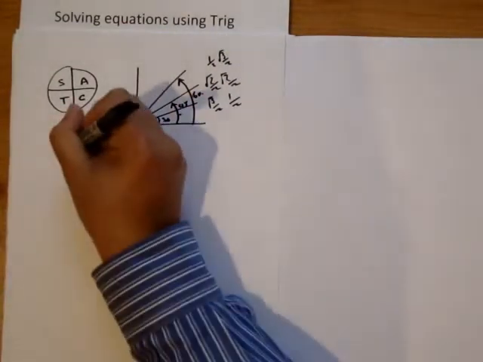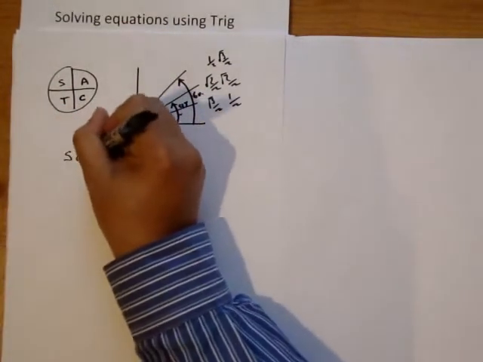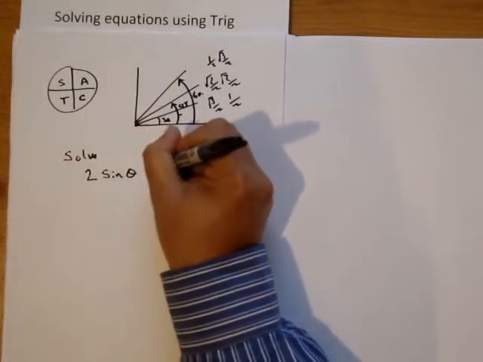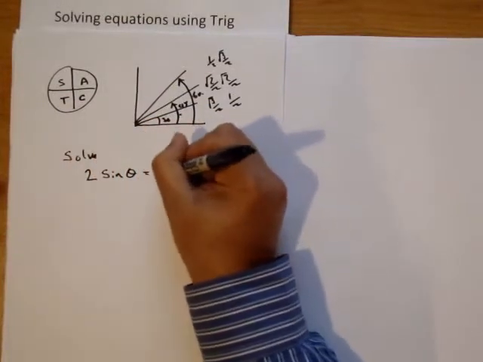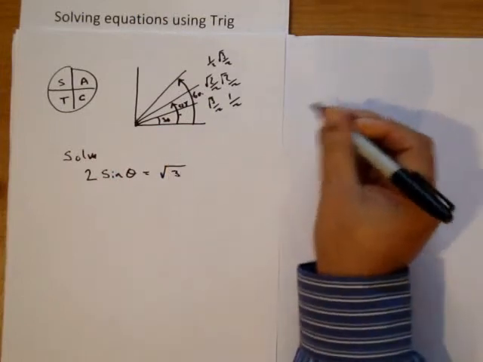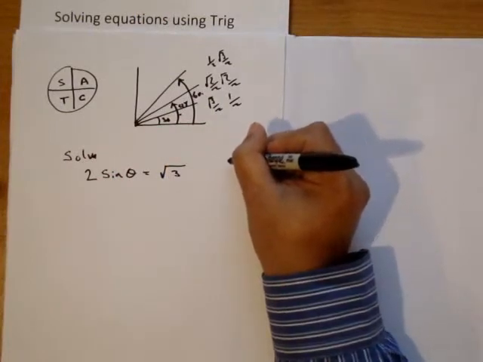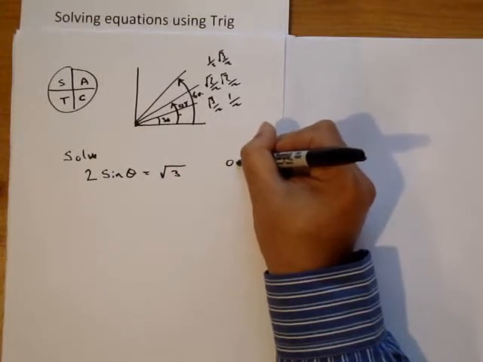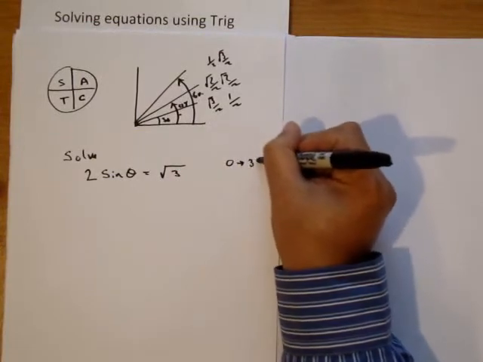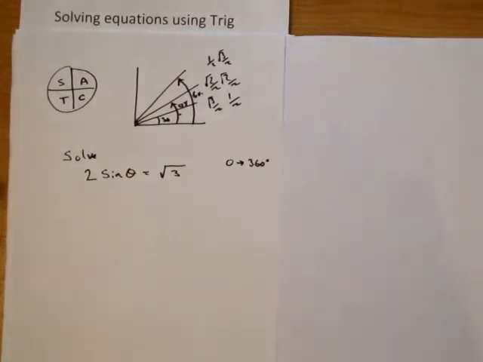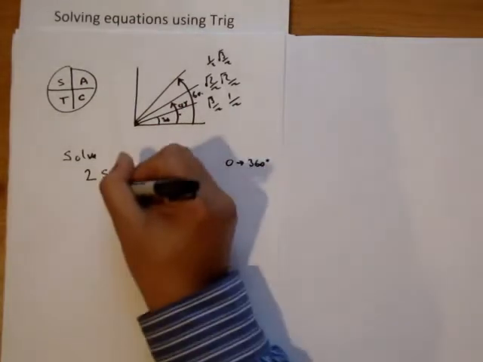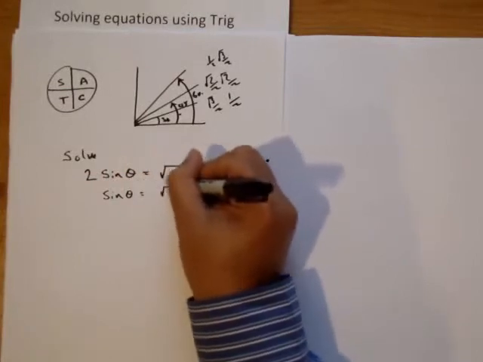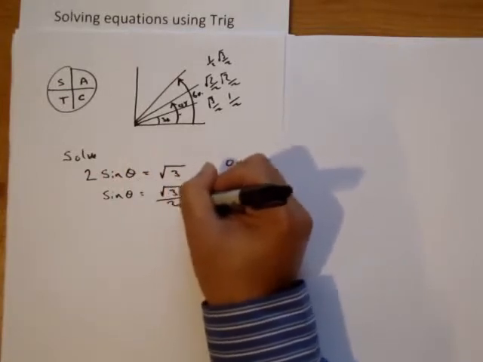So if we're asked to solve 2 sine theta equals square root of 3, and we're going to do it for the range 0 to 360 degrees, then sine theta equals square root of 3 over 2.